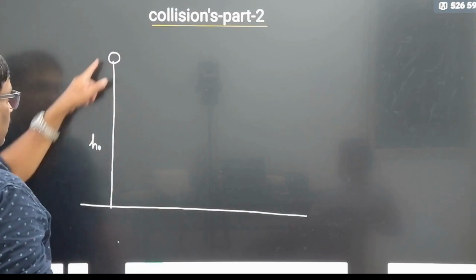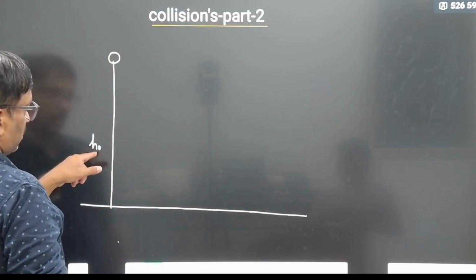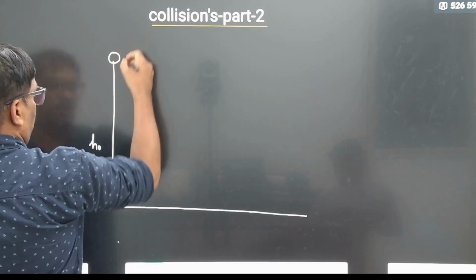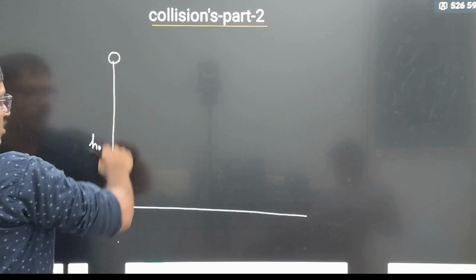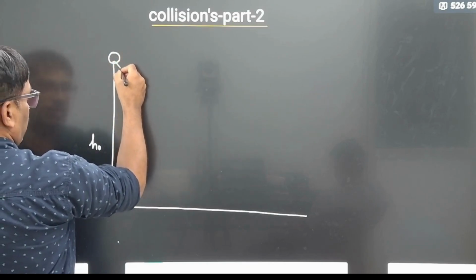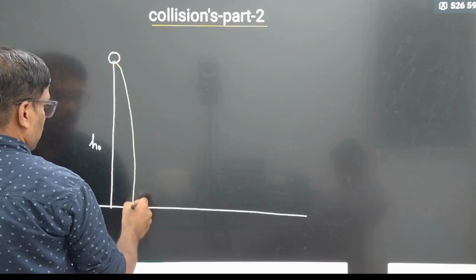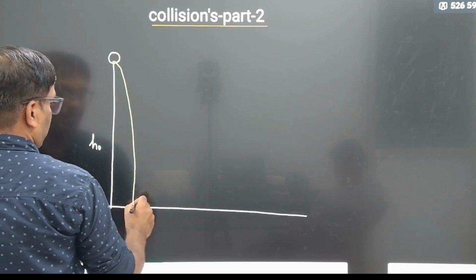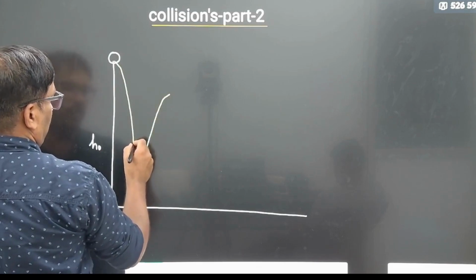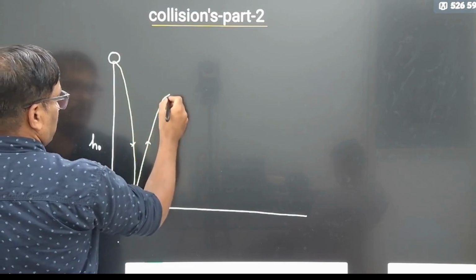Initially we are dropping from height h naught, only dropping. For our convenience, we will draw it like this. It will come down, hit the ground, and then rebound to some height.